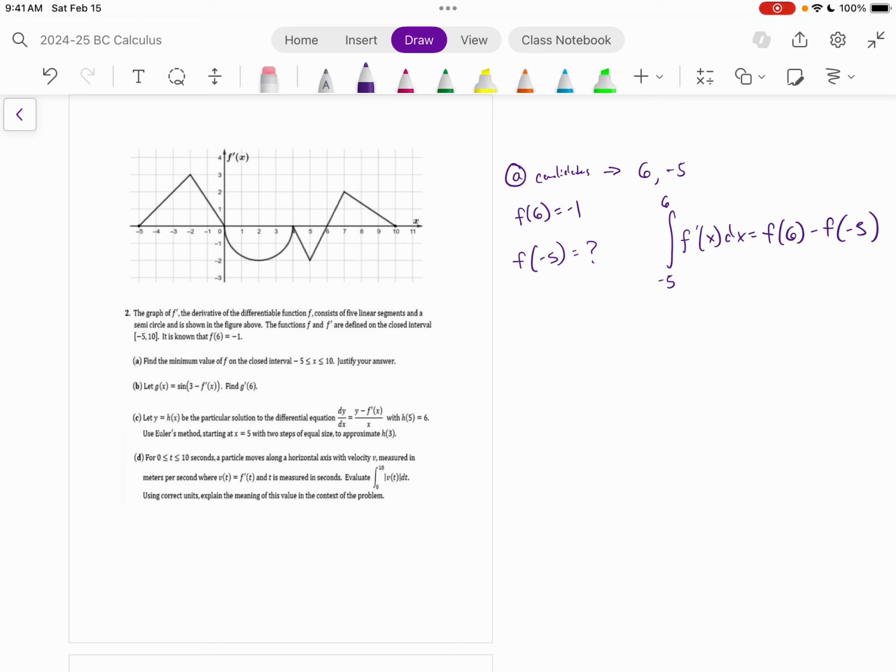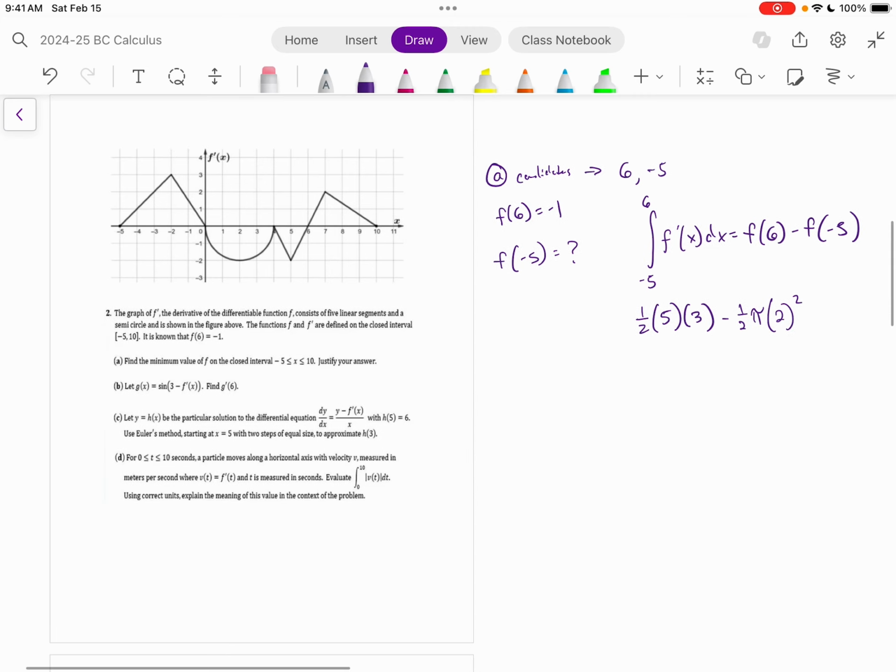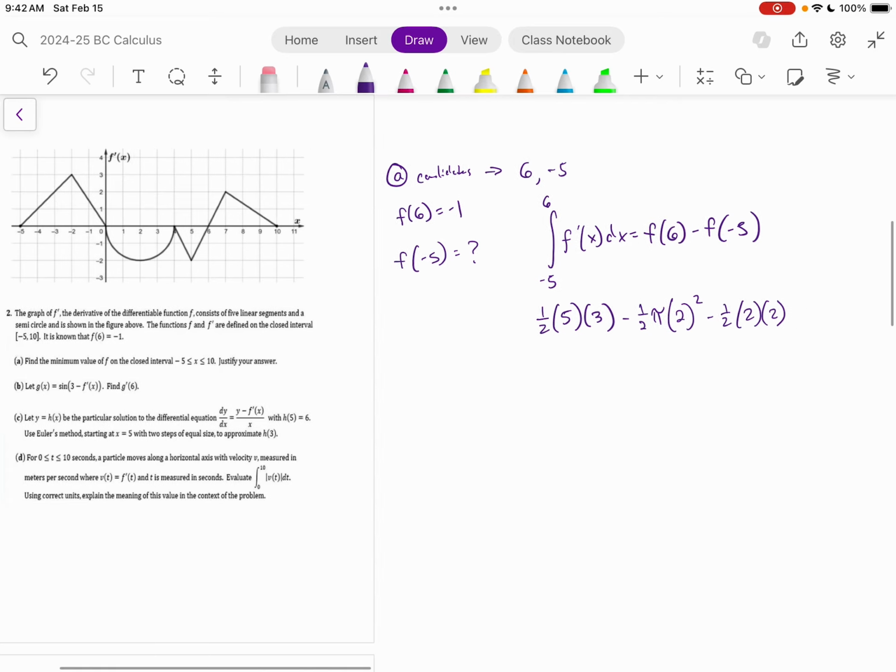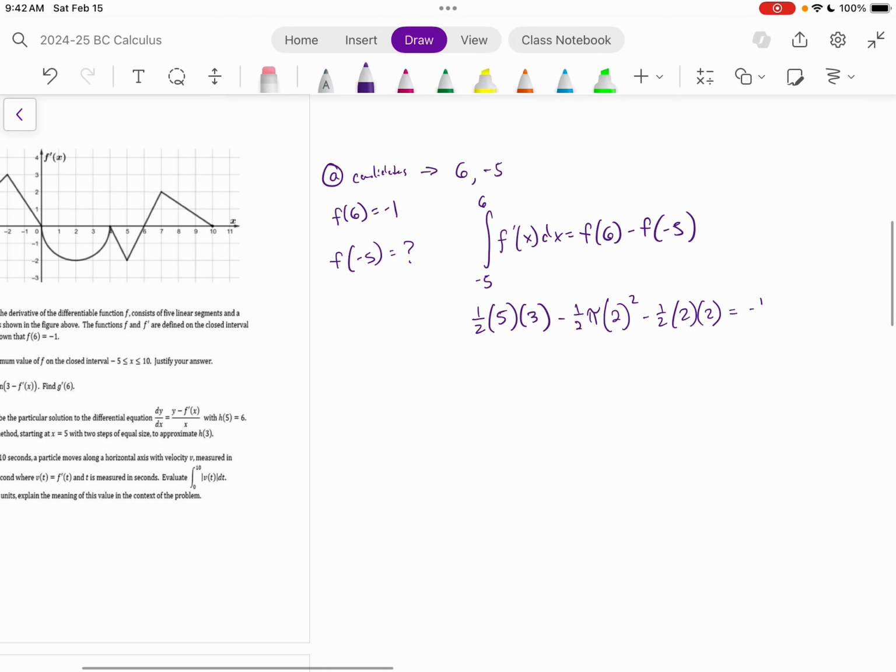Oh, who wants to calculate this area? Not me. So what is that? That triangle over there is 1/2 of 5 times 3. This little half circle is half pi r squared. And then that tiny little triangle is 2 by 2, right? So minus 1/2 times 2 times 2. Okay? And this equals negative 1 minus f of negative 5.